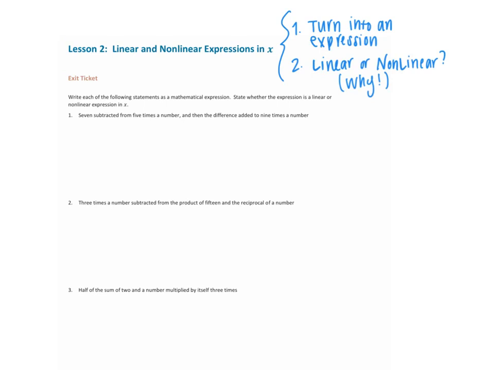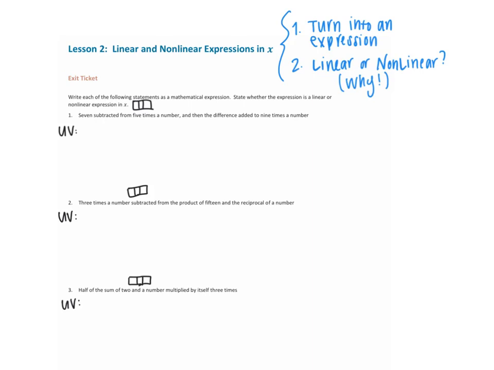As you do this, you're going to get points for a few things. You're going to get points for close reading, so please make sure you close read. You're going to get points for telling me your unknown variable for each of these. You're going to get points for writing the expression correctly. And you're going to get points for telling me if it's linear or nonlinear. And you're going to get points for telling me why.